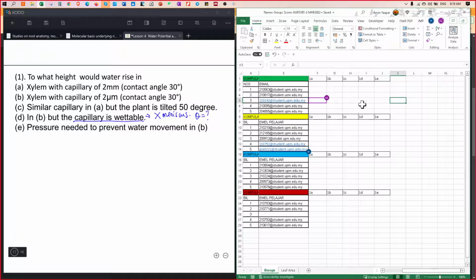Why not you put your answer in this Excel here. Each group you just answer by group. So put your answer. 1A, what is the answer in this column? I just want to see. You've got 5 more minutes. Let's see what happens.